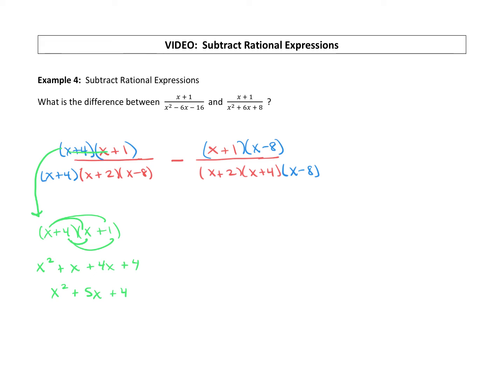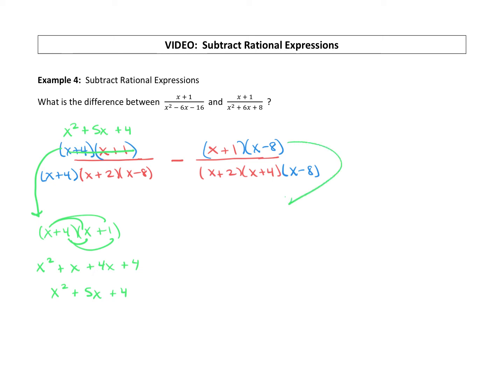So I'm going to cross this off and write it in standard form: x squared plus 5x plus 4. The reason we're doing this is when we do the subtraction, we subtract like terms of the numerators, and we can only identify the like terms when they are multiplied out in standard form.